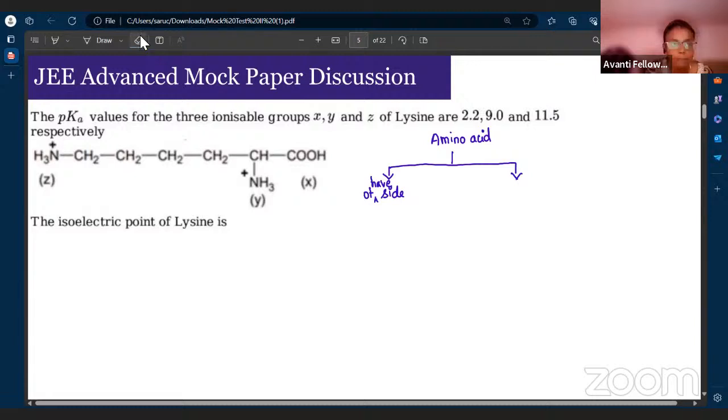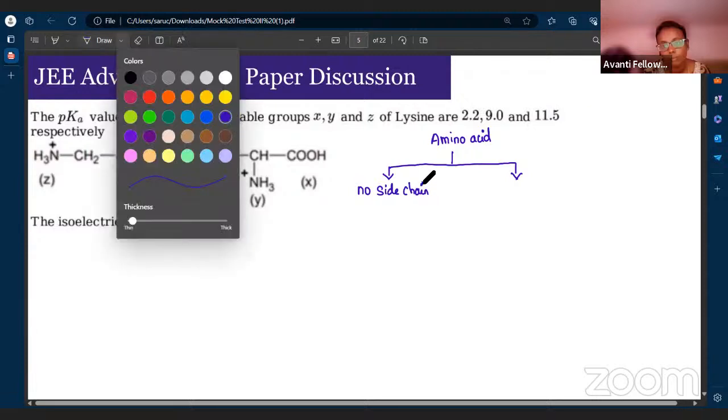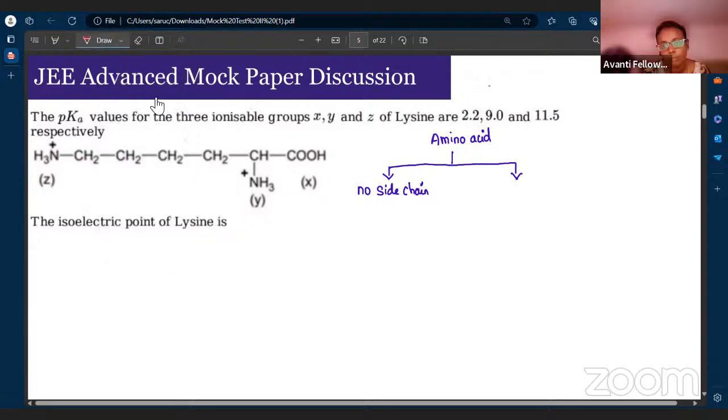Tell me an amino acid where there is no R group. Write the general formula of an amino acid.